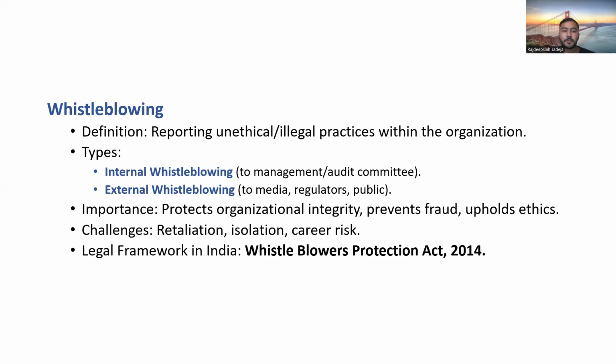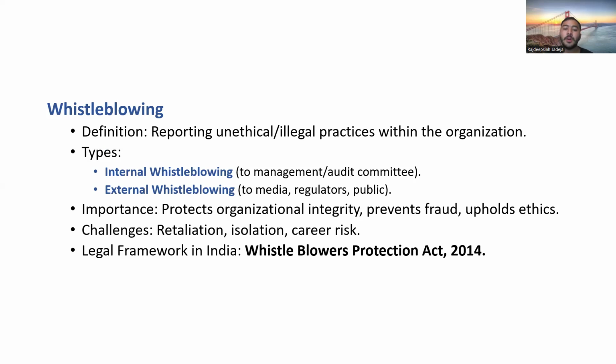Now, whistleblowing. Whistleblowing means reporting unethical or illegal practices within the organization. The types of whistleblowers are internal whistleblowers and external whistleblowers. Internal whistleblowers report to management and the audit committee, and the external whistleblowers are the ones who report to media, regulators, and the public. So they share their information publicly. What is the importance?